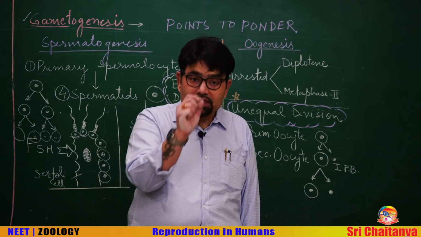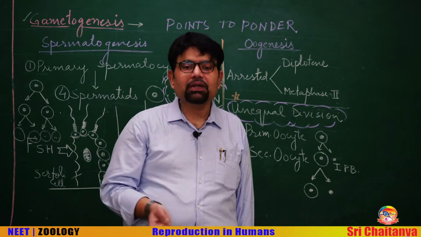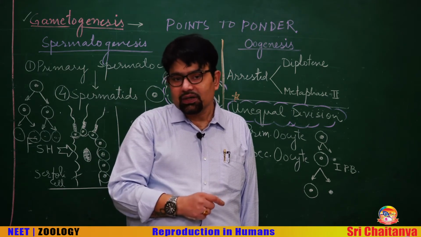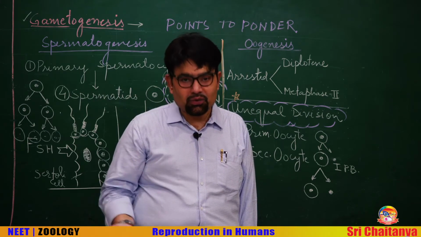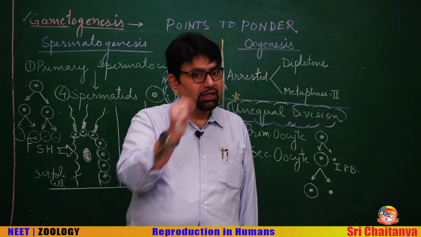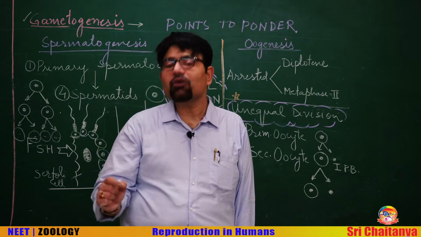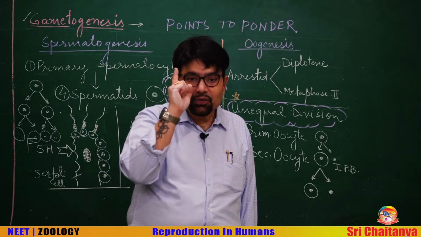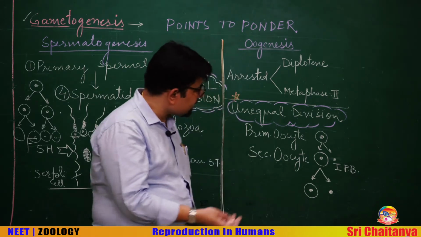What happens to the secondary oocyte? The secondary oocyte then completes the meiotic second division. Here also it is unequal: one ootid and the second polar body are extruded. Did you notice how many cells are formed? One primary oocyte gives rise to only one ootid.